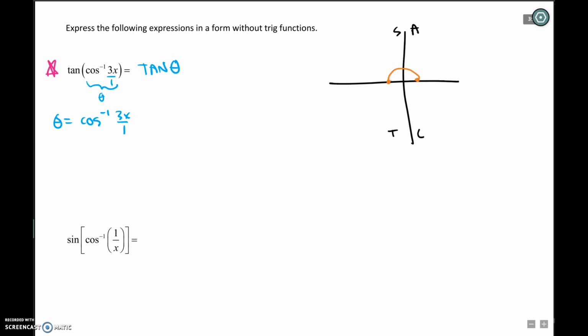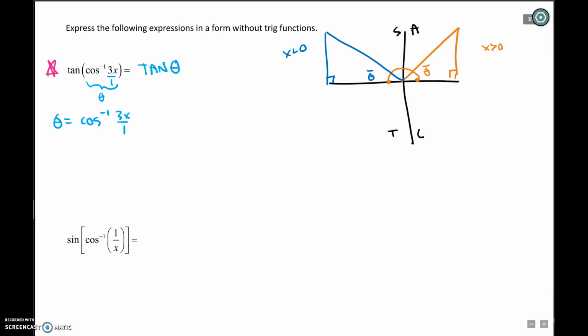So basically, if x is positive, then I'm over here, and this is my theta bar. If x is negative, then I'm over here, and this is my theta bar. So we kind of got two cases. Let's just set it up as 3. It doesn't really matter, just pick one, I guess.